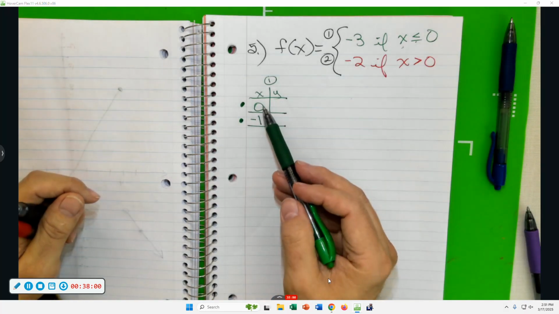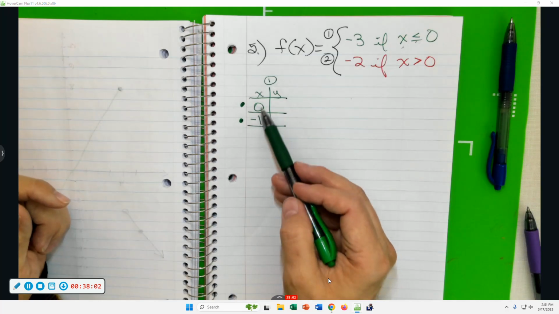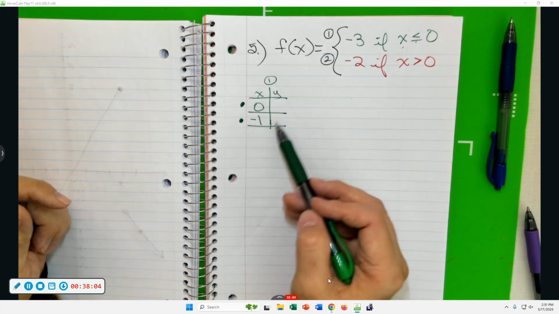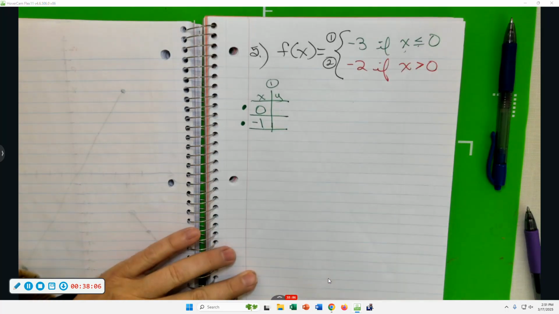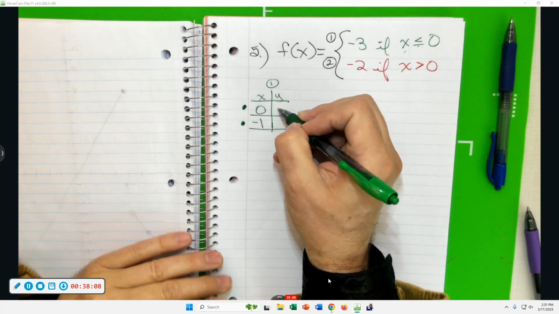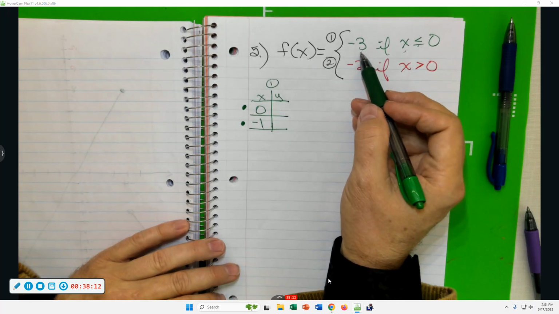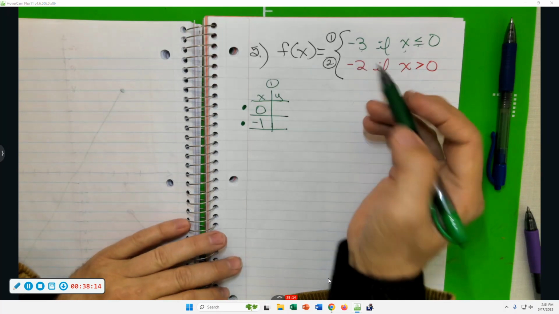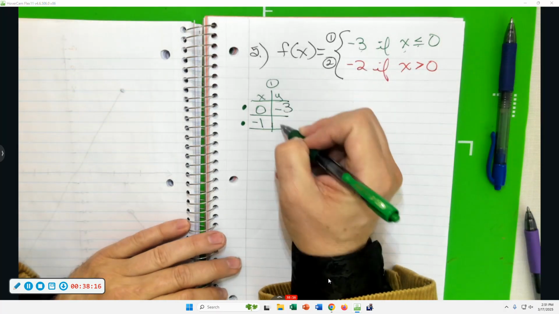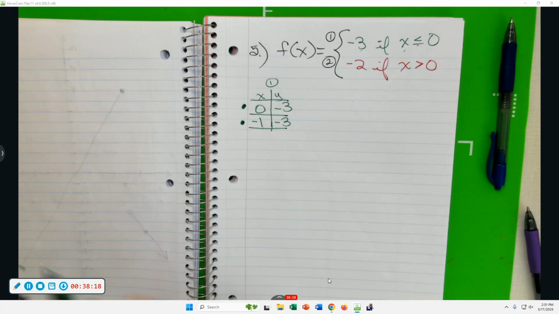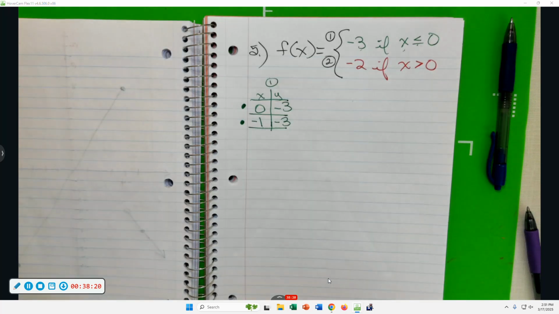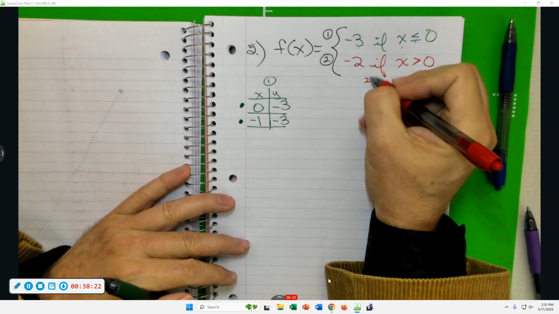Oh, this is nice. For the green piece, what will the y values be? There's no x to plug into them. The y values will be -3. -3, okay. Why don't we make our second table also, and then I'll draw the xy grid.